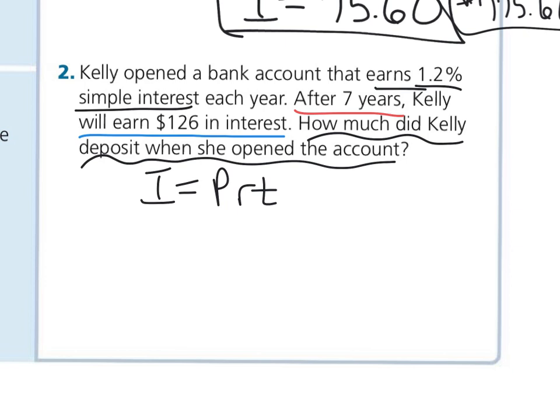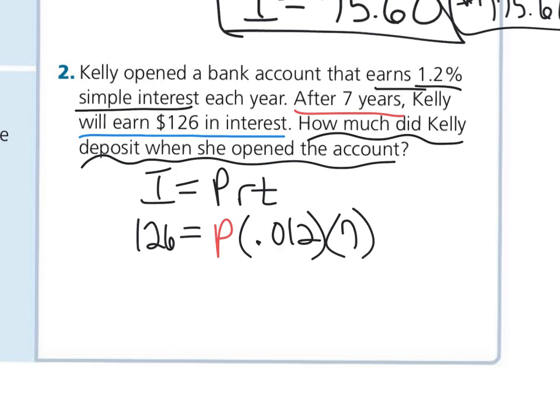Since it says how much did she deposit, that means we are trying to find the principal. The other stuff we should know. So the interest is $126. The rate we're going to change to a decimal is 12 thousandths, and then the time is 7 years.